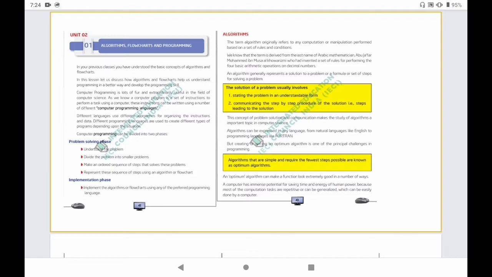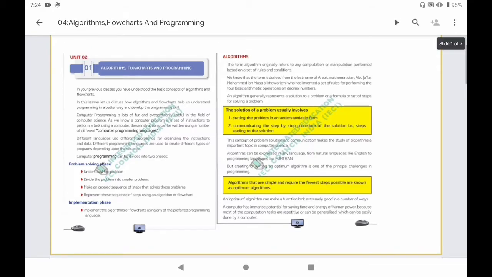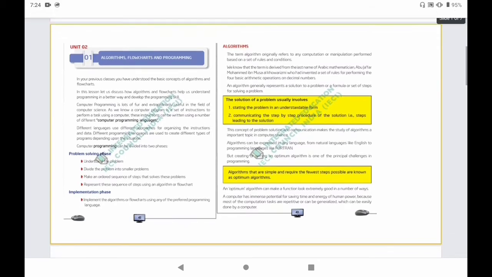So generally you have to make the problem solution, and then you can easily solve it properly without any error, without any problem.